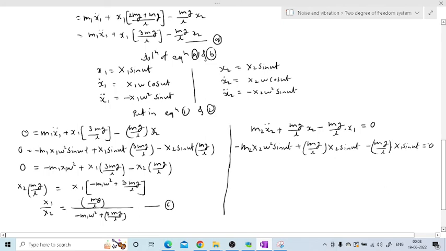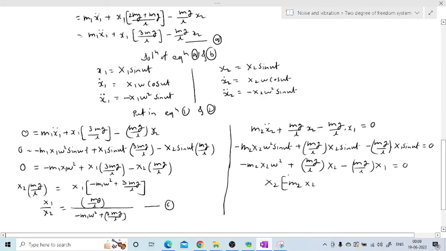So from this take sine omega t common. So the equation will become minus m2 x2 omega square plus mg by L into x2 minus mg by L into x1 is equal to 0. We have taken sine common and transferred to other side. Now in the first two terms just see x2 is common, so the bracket will become m2 x2 plus mg by l.